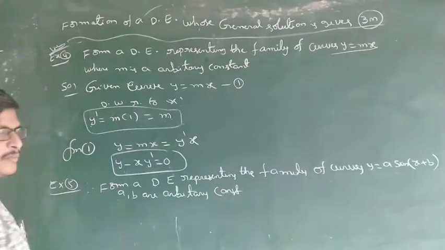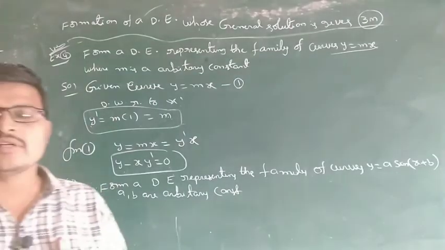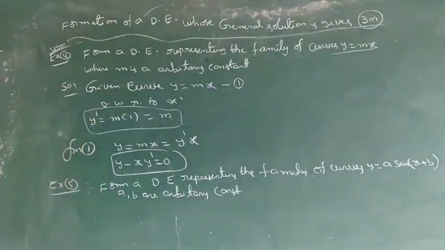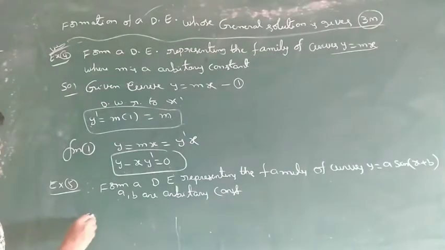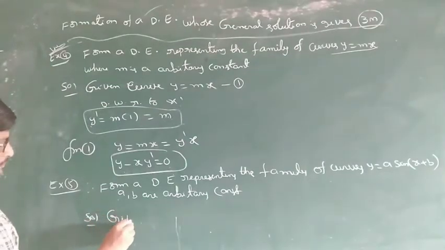So 2 arbitrary constants are there. We have to differentiate 2 times.